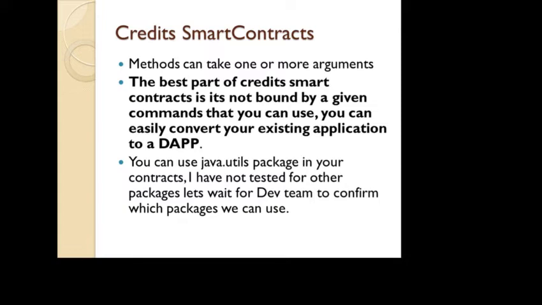I have tested that we can use the java.util package in the smart contract. What this gives us is the ability to use stacks, vectors, right? This kind of stuff. There are so many other classes that you can get from the java.util package. I didn't try any other package, but when we can use java.util, why not the other packages, right? So you can use other packages that are available by default with Java version 1.8, right?